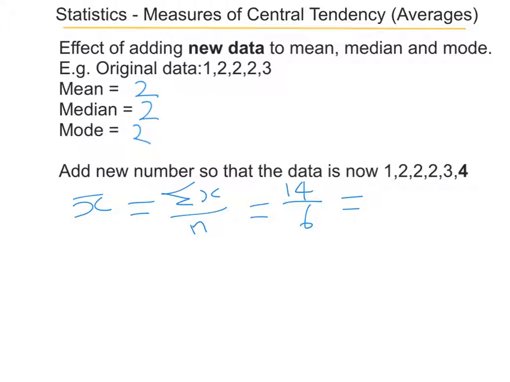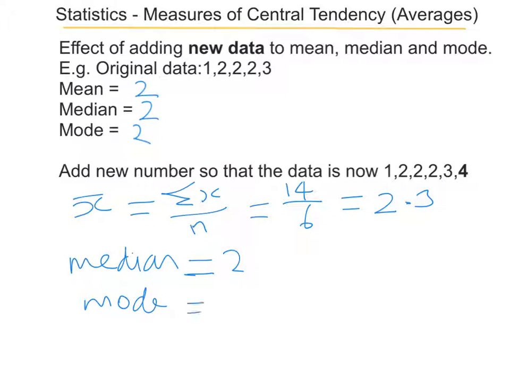When you divide that, you get 2.3. So the mean has changed by the addition of 1 extra number. If I look at the median, the middle number, it stays 2. And the mode also stays 2. So we often find that the mean is more sensitive to change by the introduction of new data.